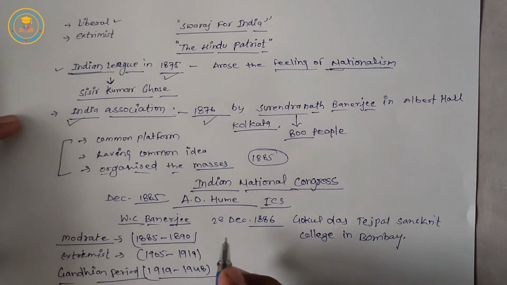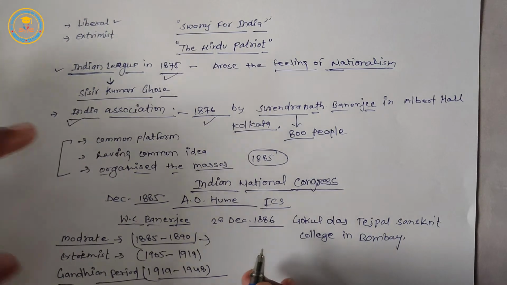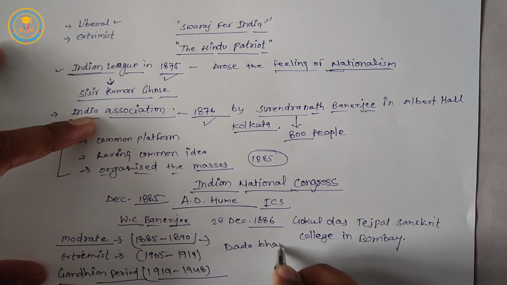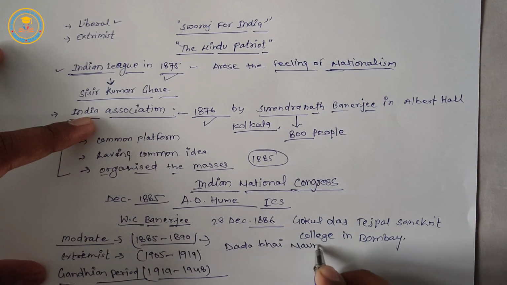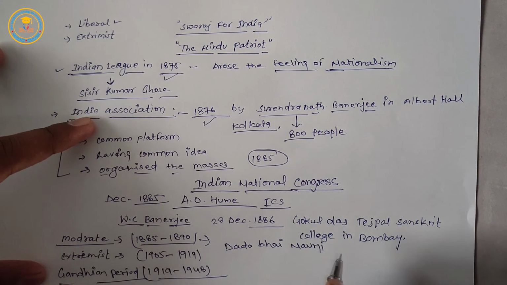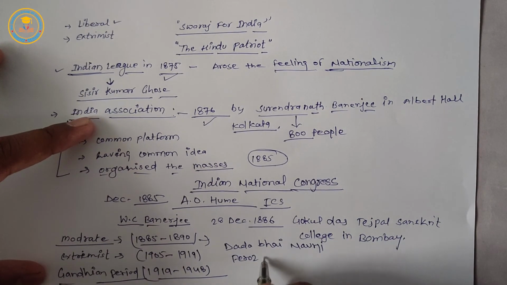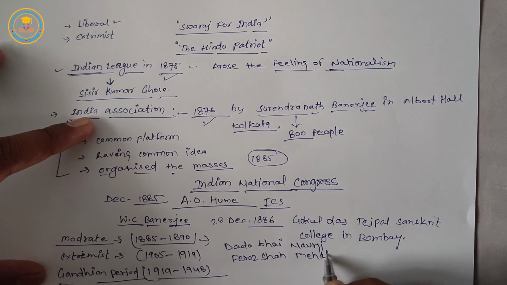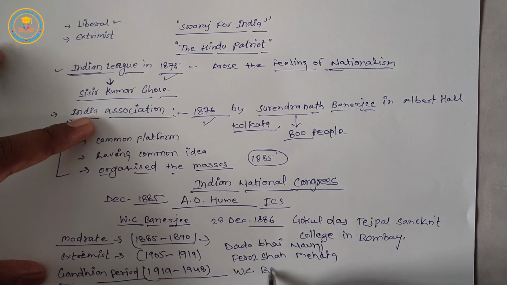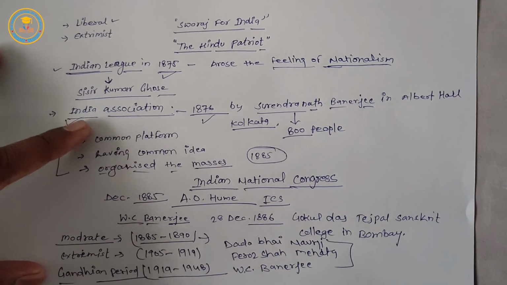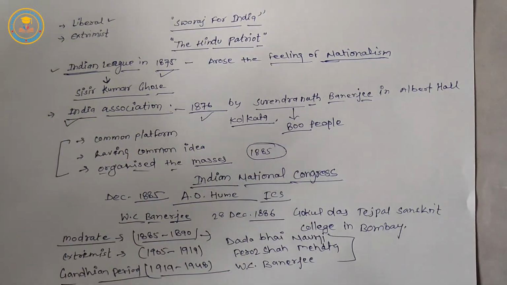In this period, the main leaders were Dadabhai Naoroji, Firoz Shah Mehta and W.C. Banerjee. All the leaders of the moderate phase were educated.